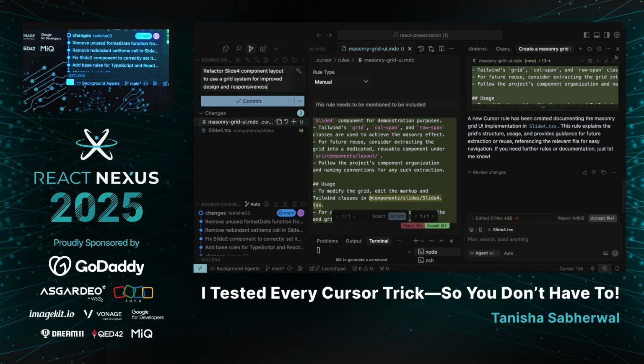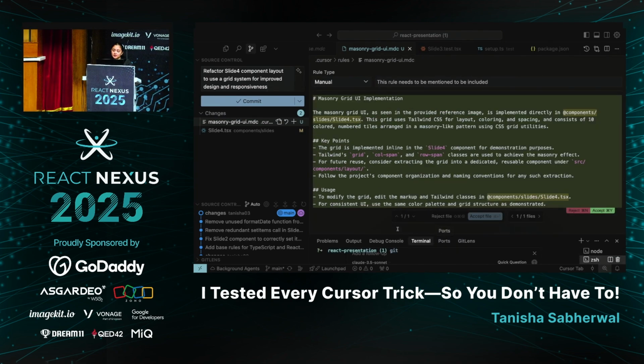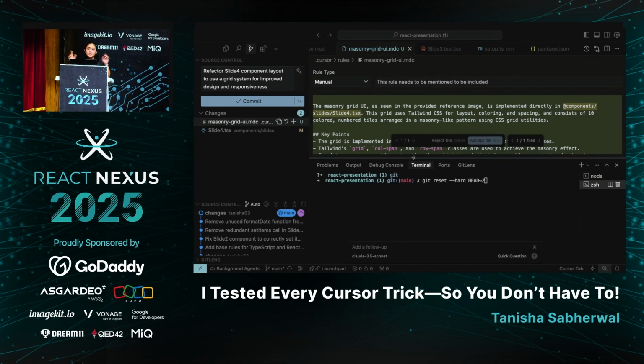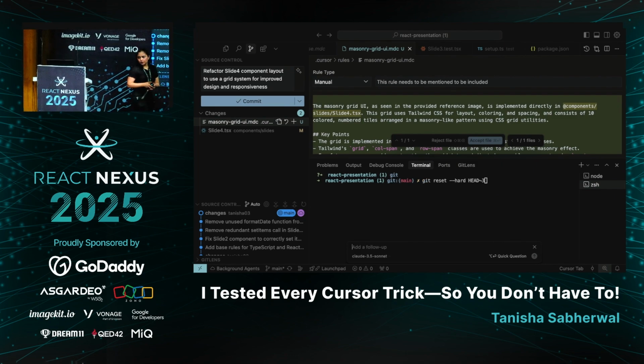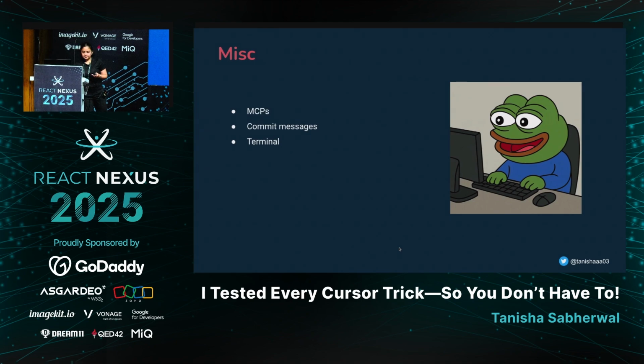Terminal: there's also one thing that I always struggle with, remembering all the git commands. So I can just go to the terminal and say revert last 3 commits, and again, it does a pretty good job of generating these commands. So these are all the miscellaneous things that I used, and this also works pretty good.